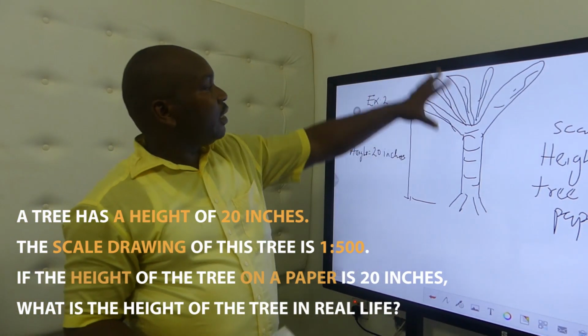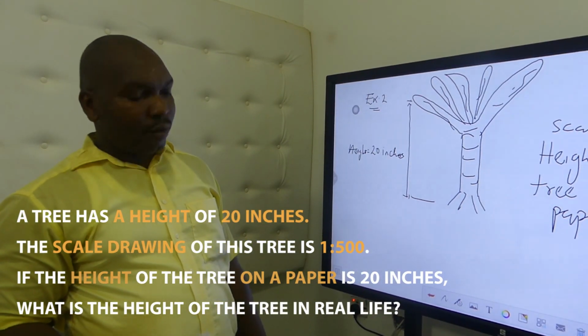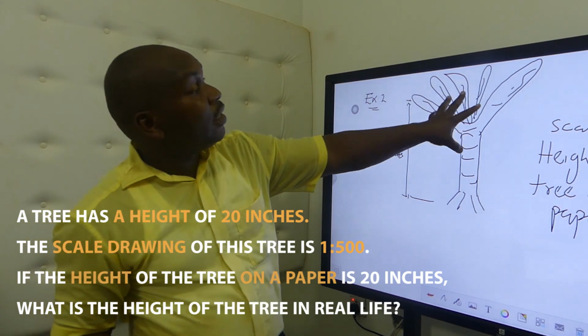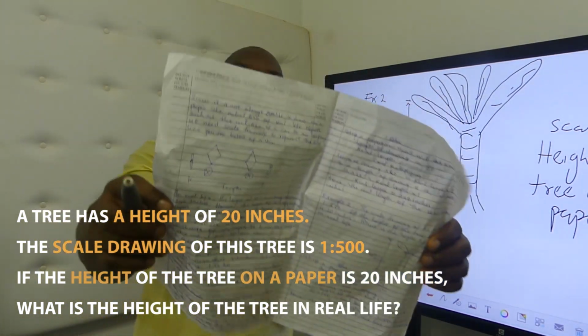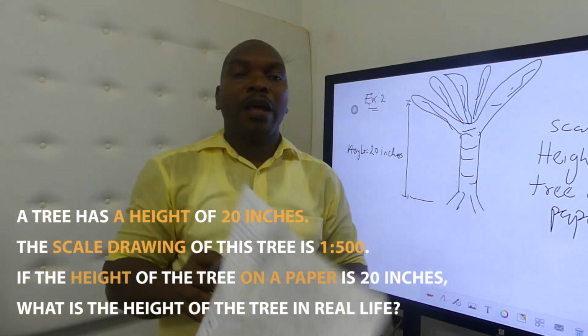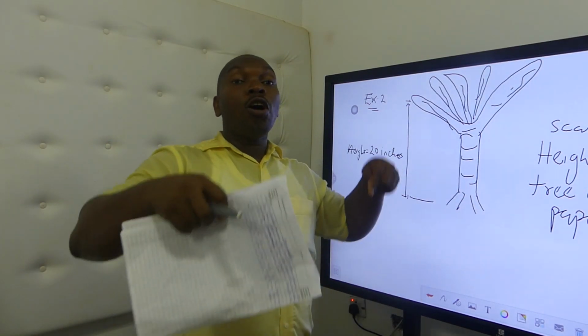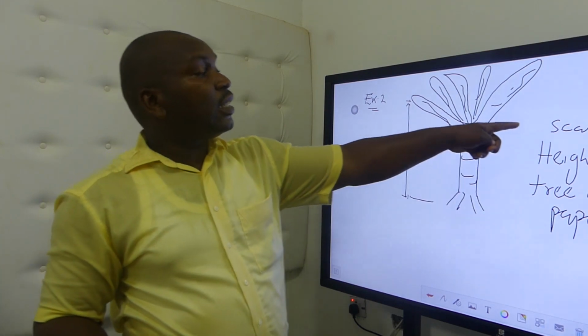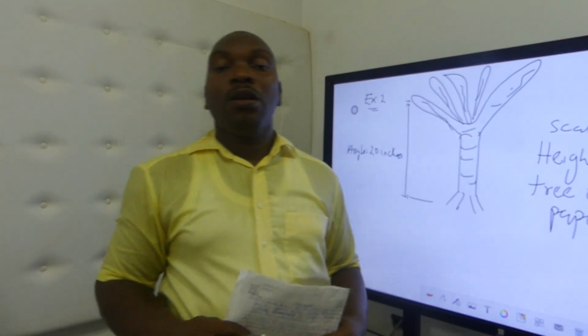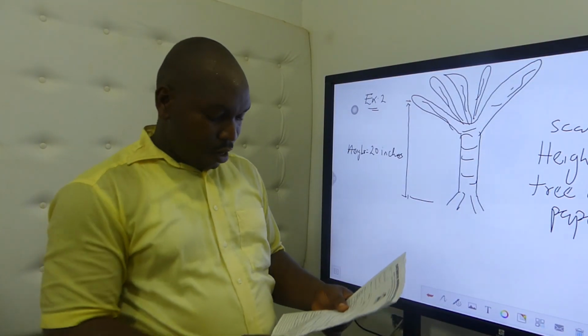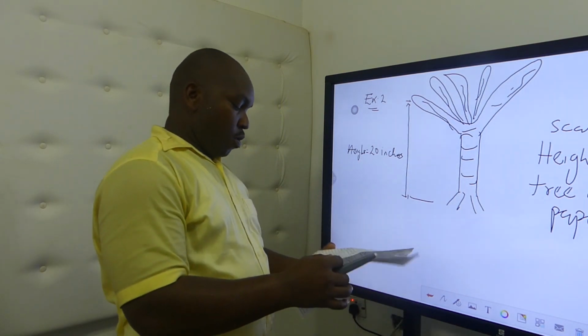Because this is already on this paper, they want us to find the height of the tree in real life if the scale is given to be 1:500. So what do you do?